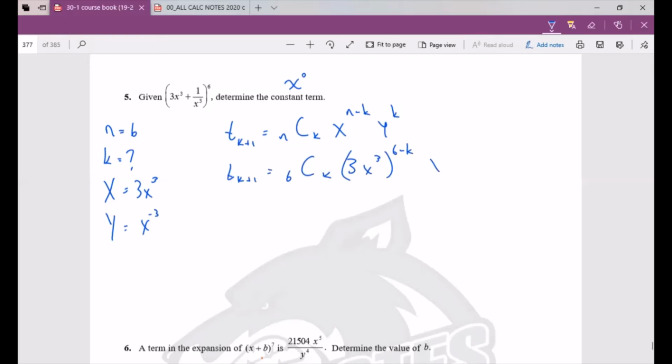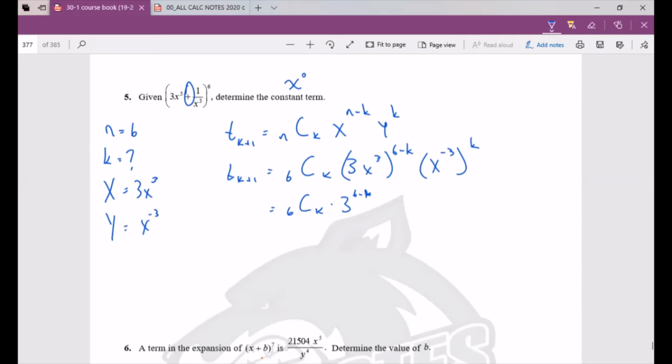Our big Y is x to the negative 3 to the k. If we try to separate numerical versus variable, 6ck is just going to be a number. 3 to the 6 minus k is just going to be a number. And we don't have a coefficient on our y term, so we'll just leave that out. If it was subtracting here, then the numerical part would be negative 1, right? So be careful about that.